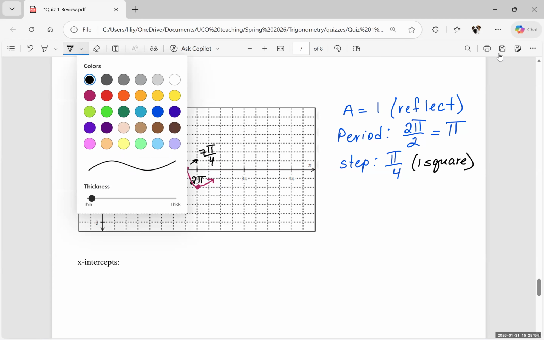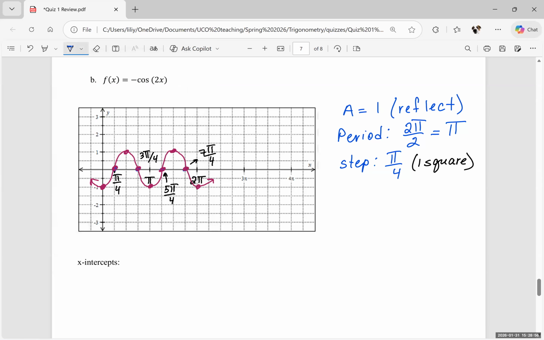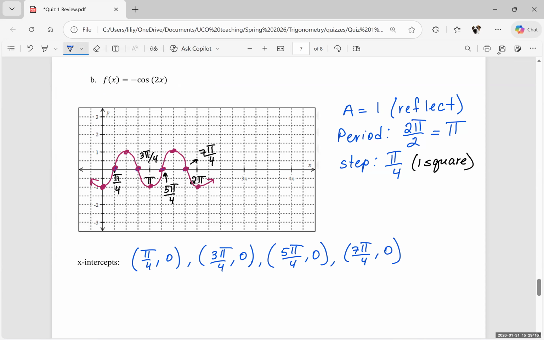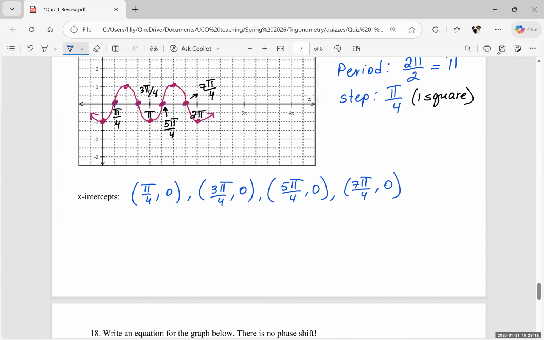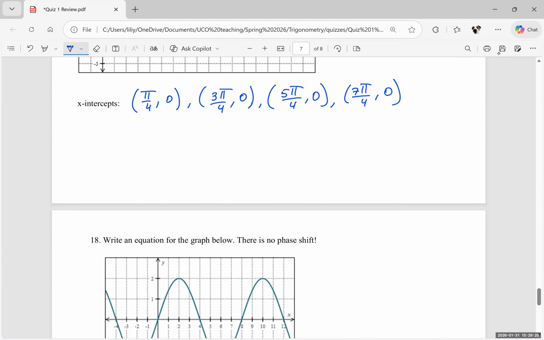So the x-intercepts would be at (pi over 4, 0), (3 pi over 4, 0), (5 pi over 4, 0), and (7 pi over 4, 0).